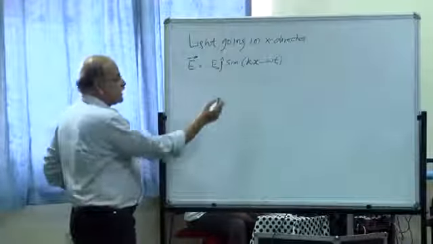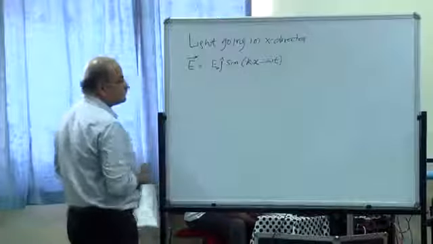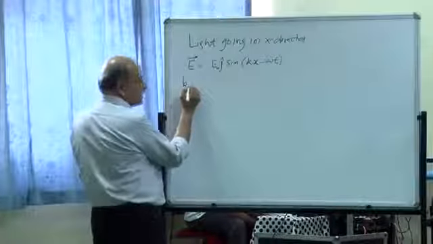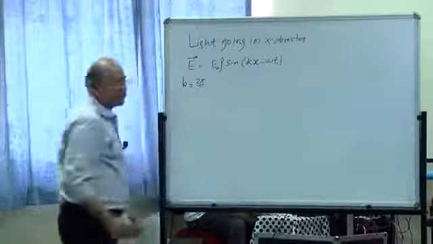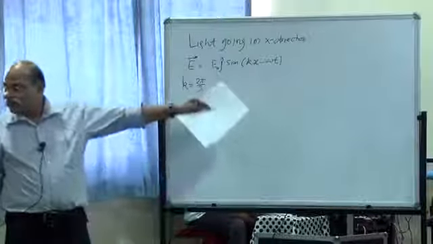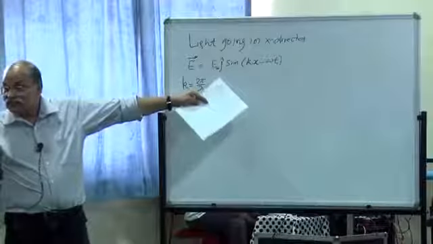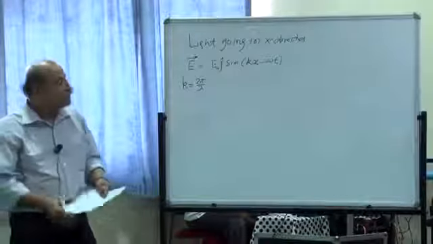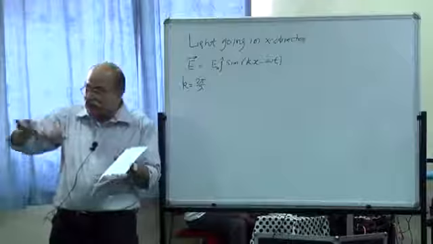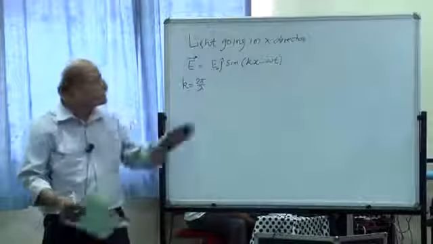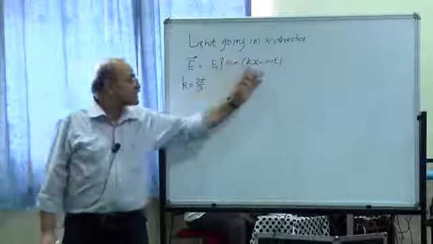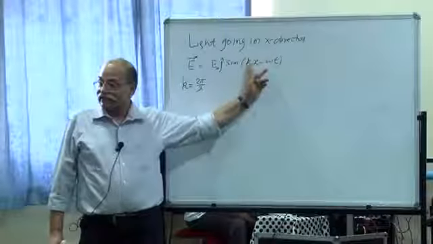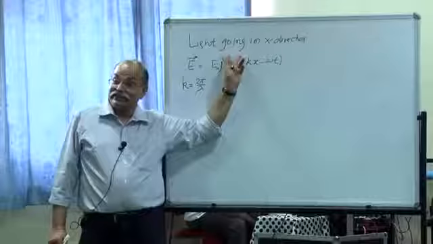Okay, now what is this k business? What is this k? This k is related to wavelength. Remember, this is an oscillatory sine function. So at a given time, at different places, you have different electric fields, somewhere positive, somewhere negative. If you change x, this angle is changing, and therefore the sign is changing.